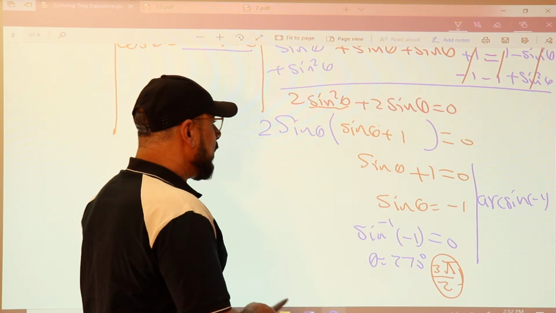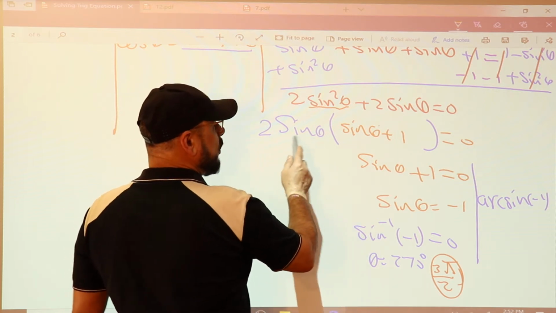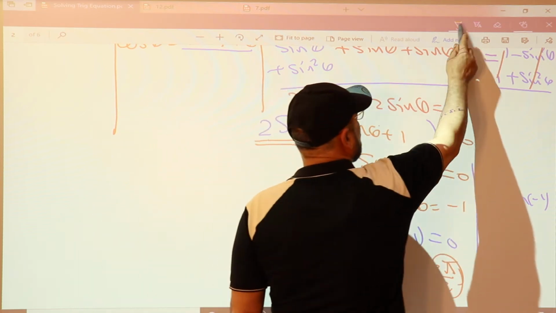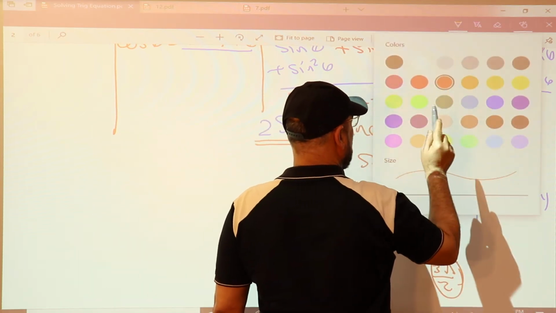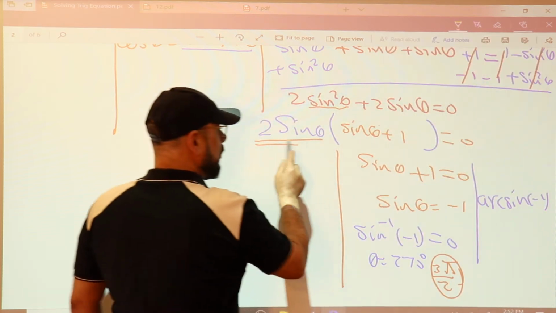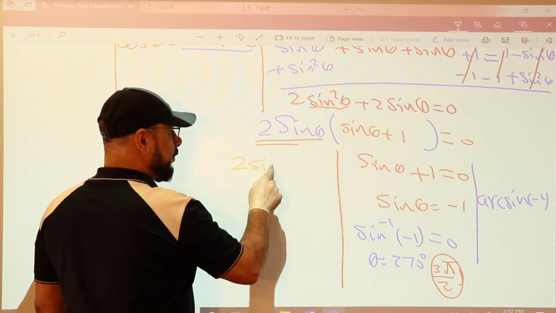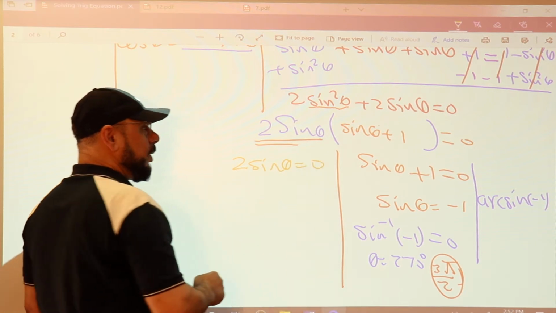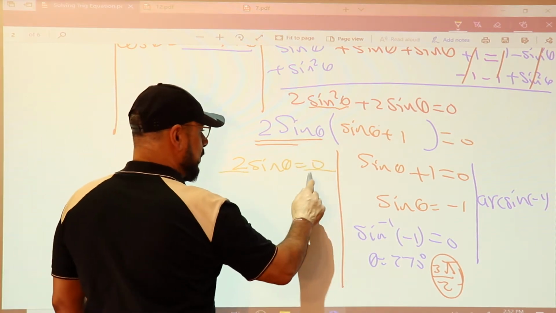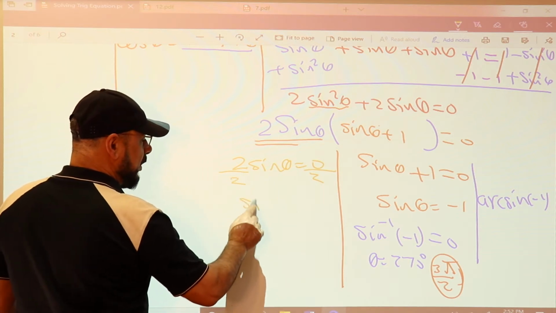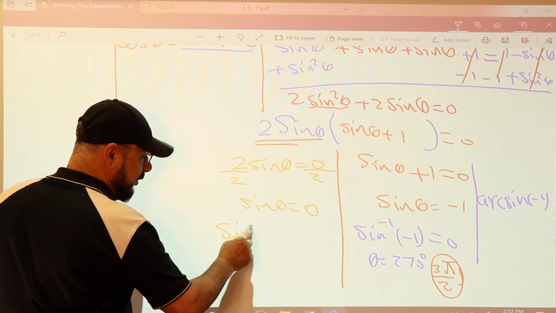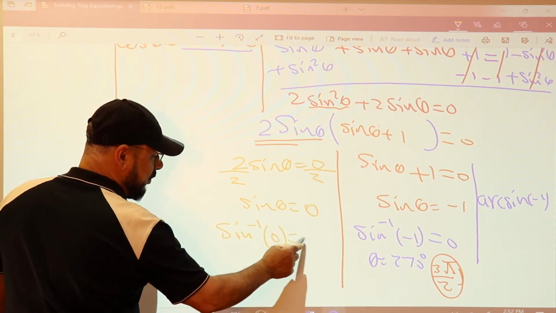Now the other part, I need it to equal 0. We're done with this guy. 2 sine theta equals 0. Divide by 2: sine theta equals 0, which is the same as sine inverse of 0.